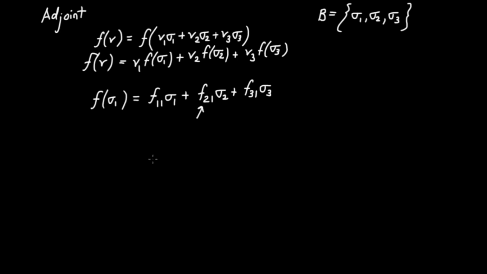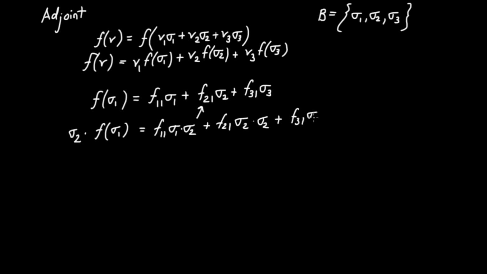Well, if I dot both sides with sigma 2, watch what happens. So we have f sigma 1, and I'm going to dot with sigma 2. So we have f11 sigma 1 dot sigma 2 plus f21 sigma 2 dot sigma 2 plus f31 sigma 3 dot sigma 2.